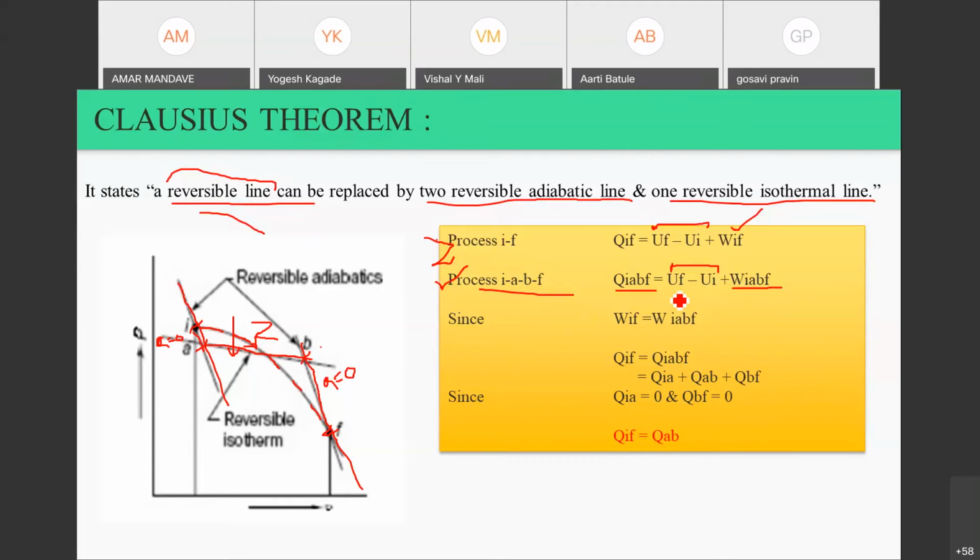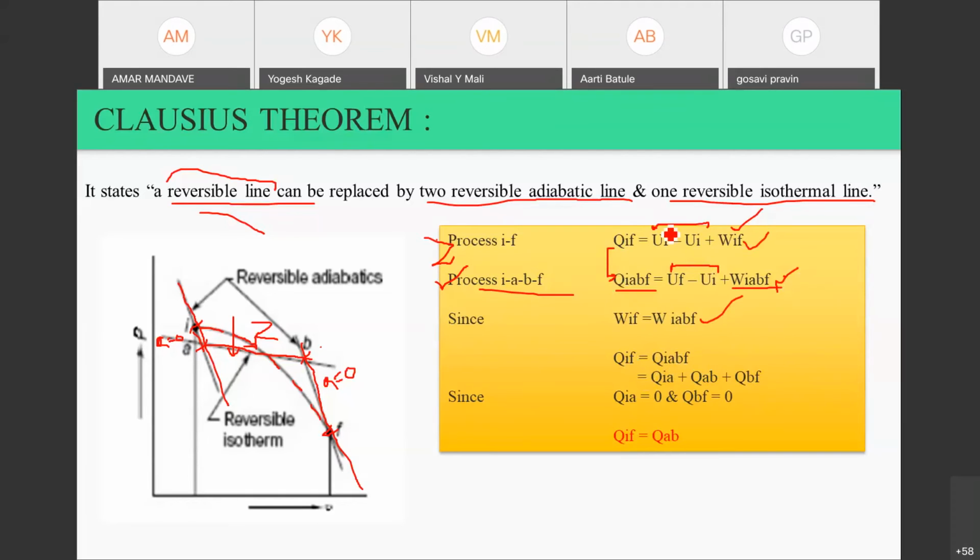We already know the area under the process Z and the area under the process IABF is the same, so the work interaction during both processes is the same. WIF and WIABF are the same. So from these two equations we can write QIF is equal to QIABF.